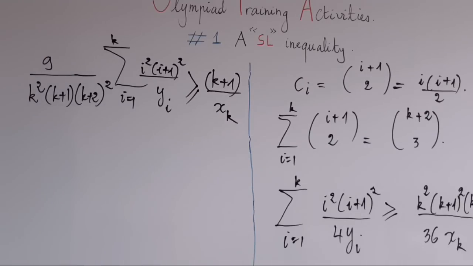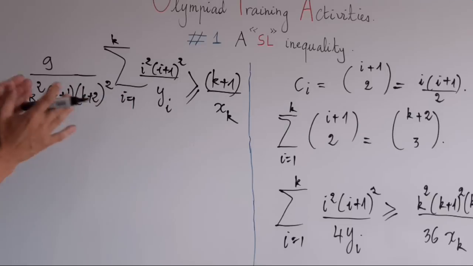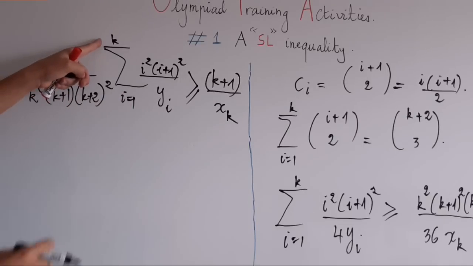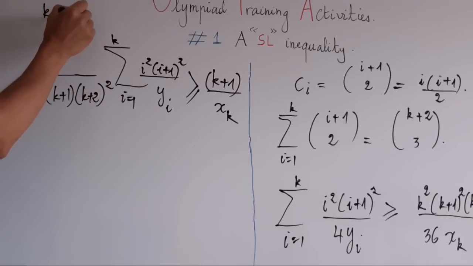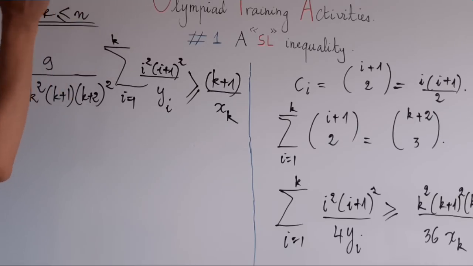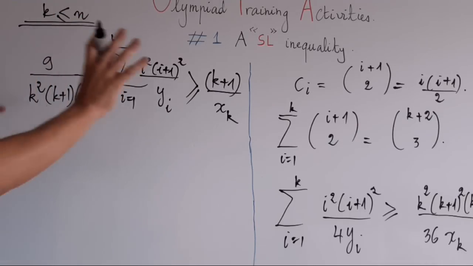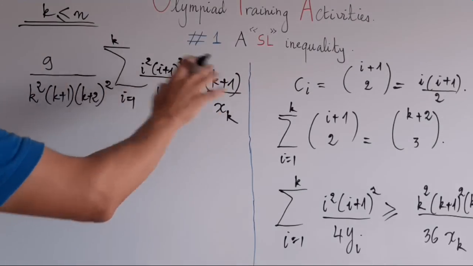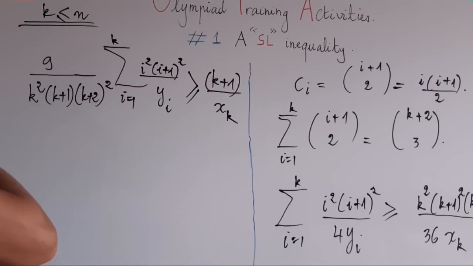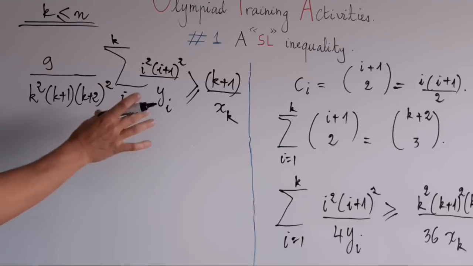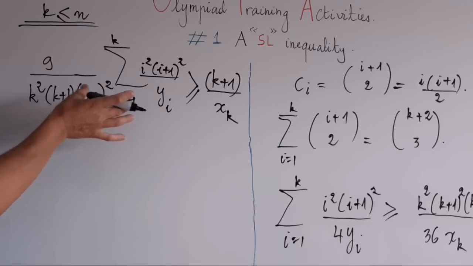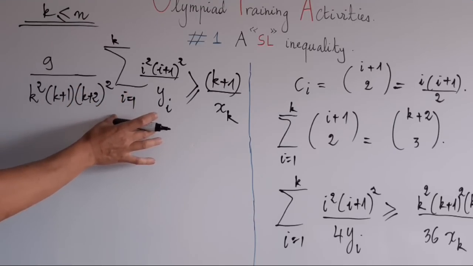Okay, and now we have to sum all those inequalities, because k is less than or equal to n. So we can sum those inequalities to obtain the right hand side of the first inequality. So now we have to do a double summation.